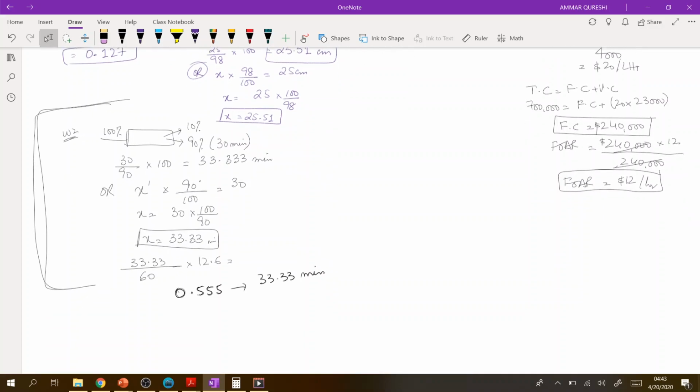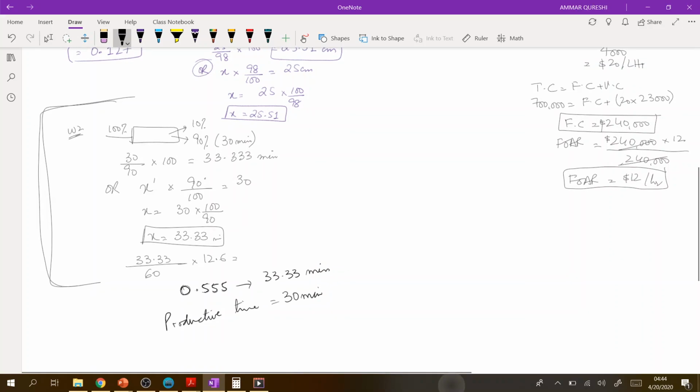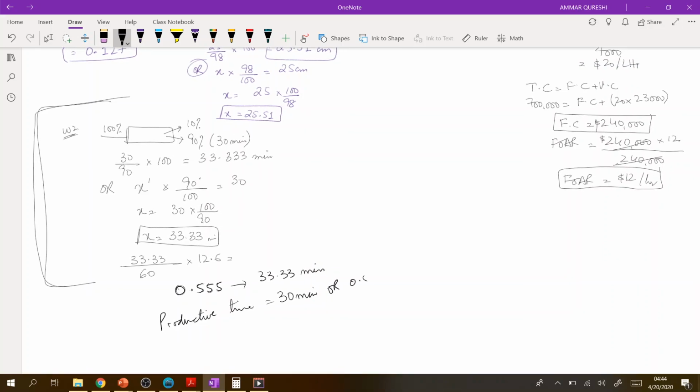Production time or active hours or productive hours are not 0.555 or 33.33. What is the productive time? Productive time is 30 minutes or 0.5 hours. Now, why am I discussing this? Because just remember my words: production overheads are always absorbed on the basis of productive hours.